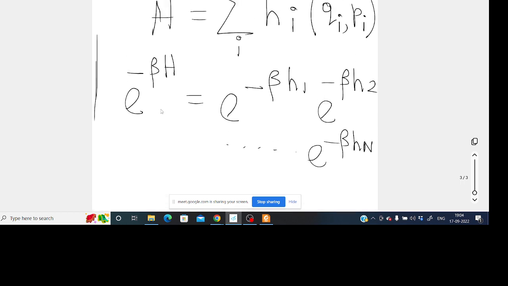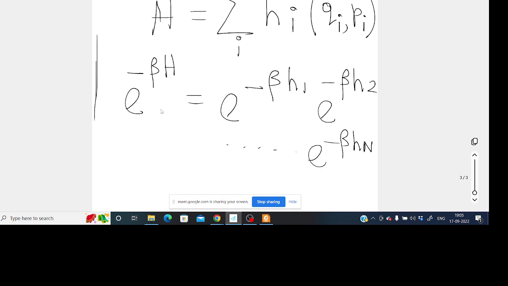I have used just H equal to the sum over i of hi, nothing else. Now we'll also assume that this hi depends only on qi and pi.